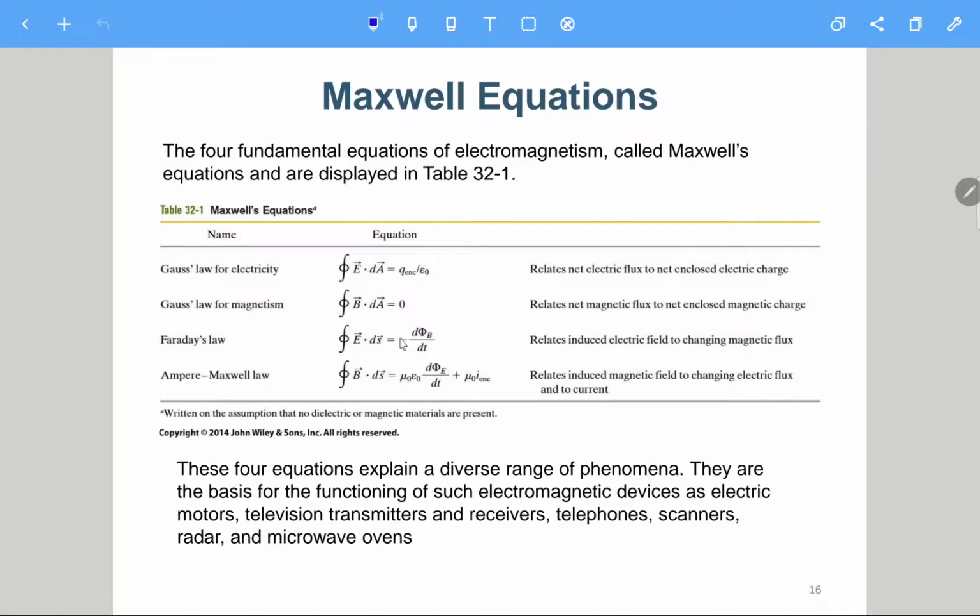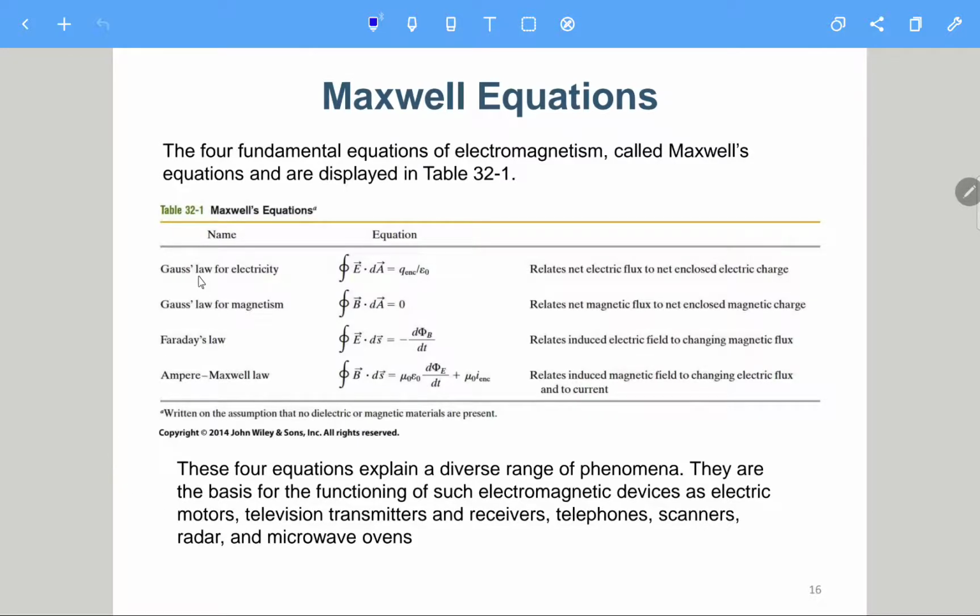These four equations explain a diverse range of phenomena. They are the basis of the functioning of such electromagnetic devices as the electric motor, the television transmitter and receiver, and the telephone scanner. So nowadays we use them every moment.